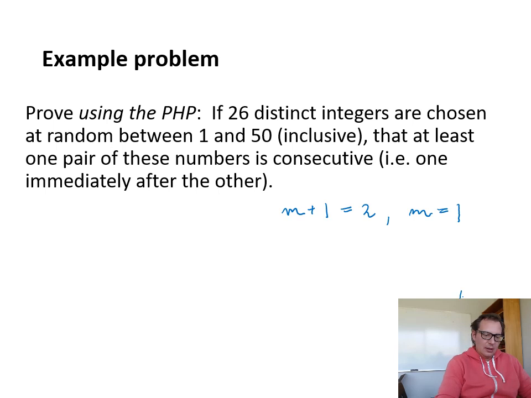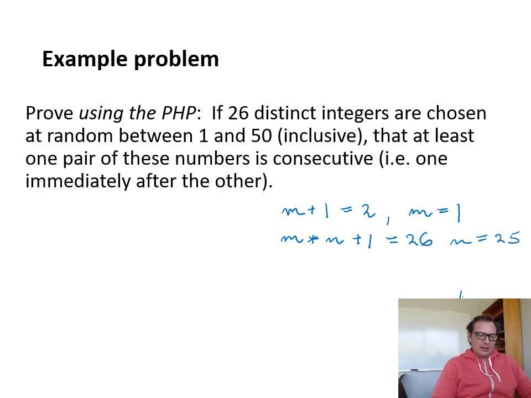So m times n plus 1 is equal to 26. And from that, if we plug in m, we can compute that n is equal to 25. Okay, so we need 25 boxes. And we want to show that at least one pair is consecutive.